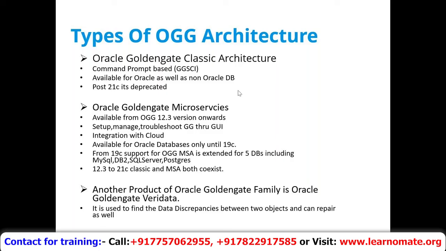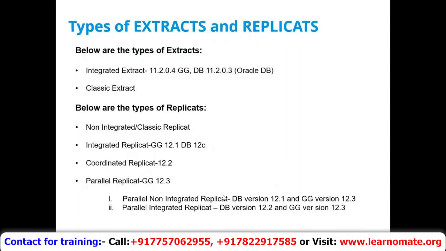Whatever was the older way to configure things is called classic. The same thing applies with extract. Initially when GoldenGate was founded, there was only extract and replicate. Now when integrated extract was introduced from GoldenGate version 11.2.4, the existing extract was renamed to classic. Same thing when integrated replicate was introduced, the existing one was renamed to non-integrated or classic.